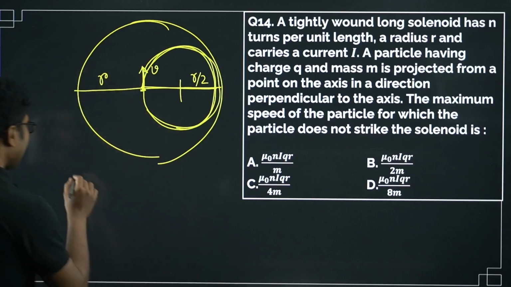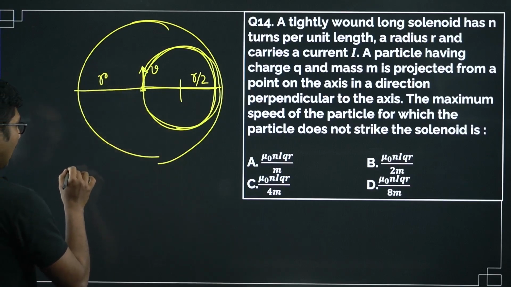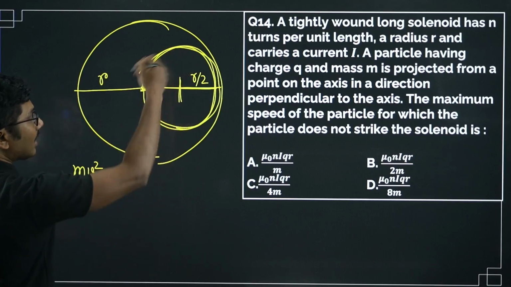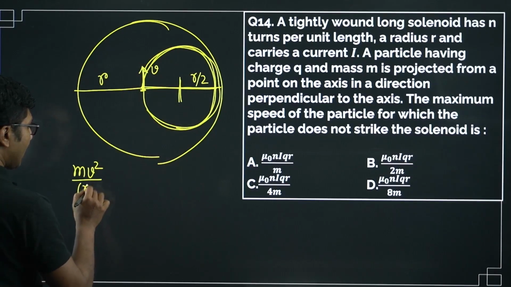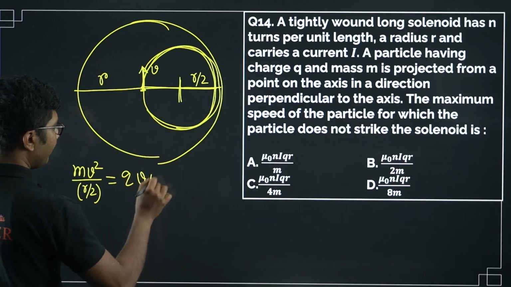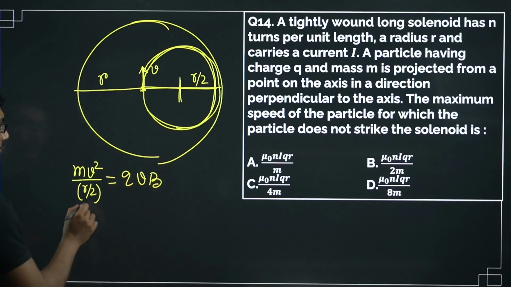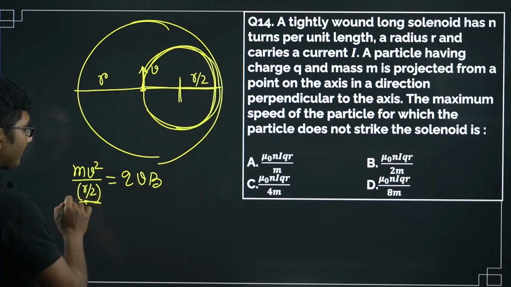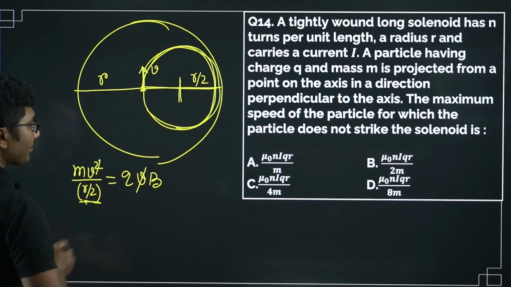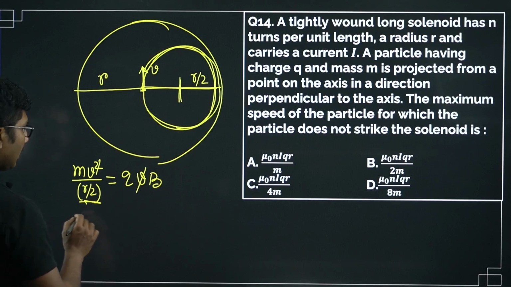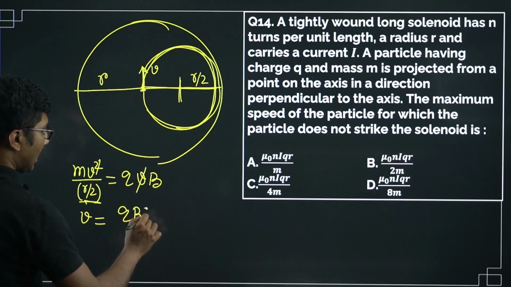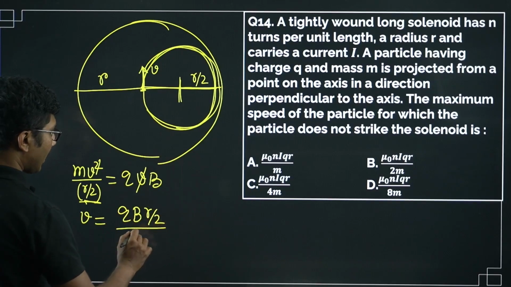Now we know that mv square by the circular path radius should be equal to qvB. Right, this is the condition. From here we are just putting the value of r by 2. Now we are just trying to calculate the velocity v. So velocity v will be v equals qB r by 2 divided by m.